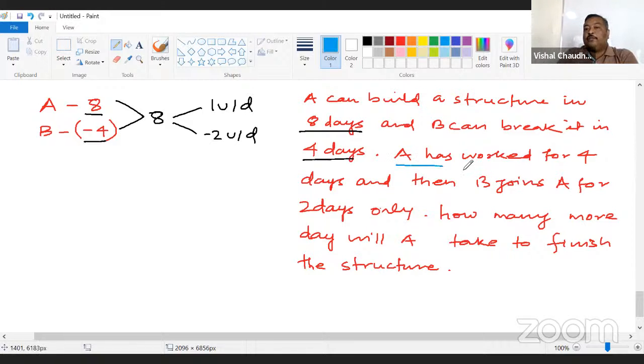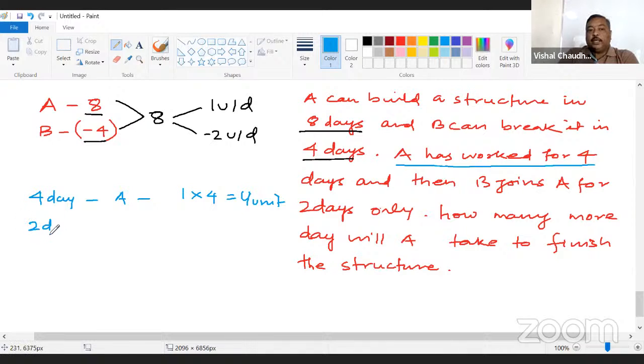Now we will go to this. A has worked for 4 days. In 4 days, how many units will A work? So 1 into 4, that is 4 units. Now B joins A for 2 days. So A plus B, combined is -1 unit per day. So 2 into -1, that is -2 units.